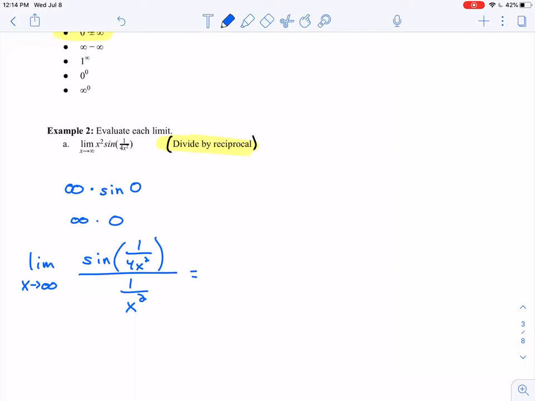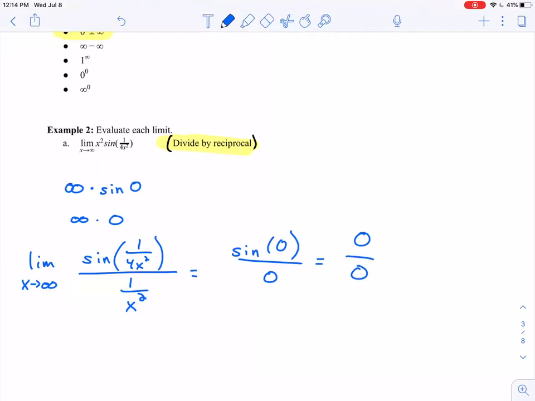Sine of 1 over 4x squared: the inside part, 1 over 4x squared, goes to 0, so this approaches sine of 0. And 1 over x squared, as x approaches infinity, approaches 0. Sine of 0 goes to 0, so I end up with 0 over 0.